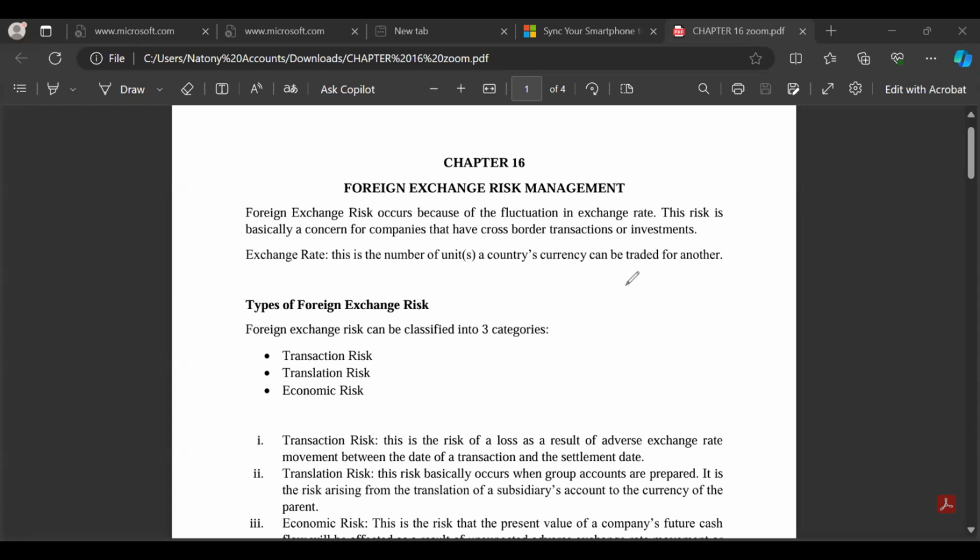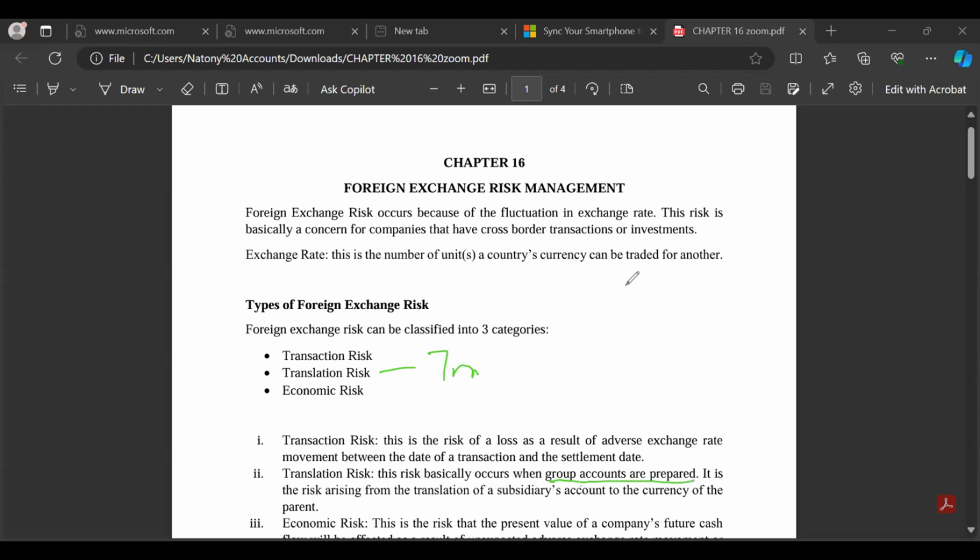The next is the translation risk. The translation risk is basically the risk of translating the accounts of a subsidiary to the accounts of the parent. These risks basically occur when group accounts are prepared.